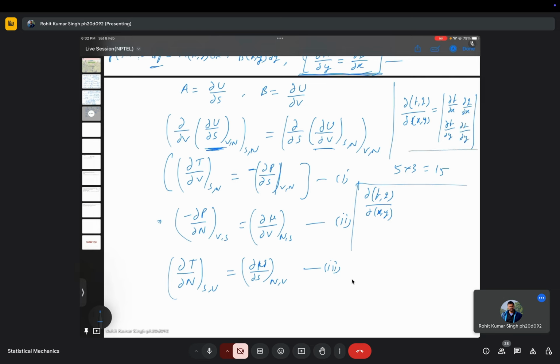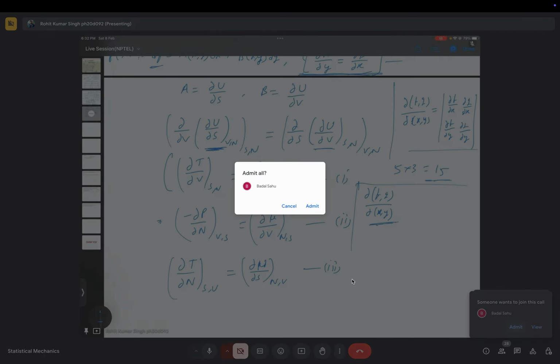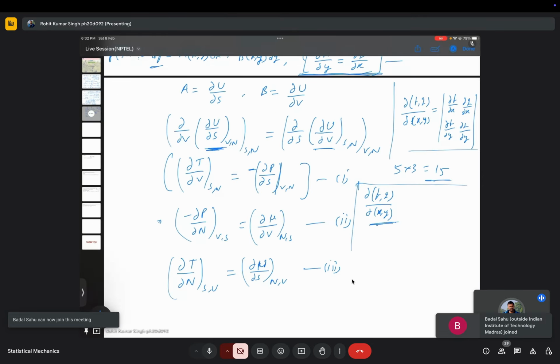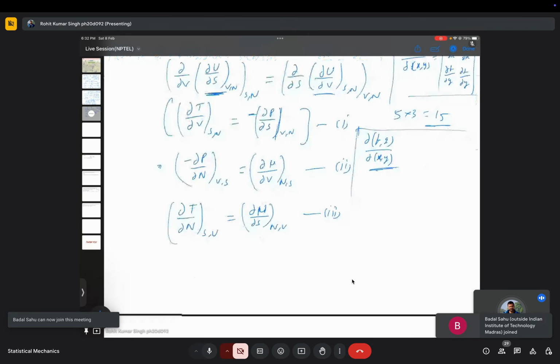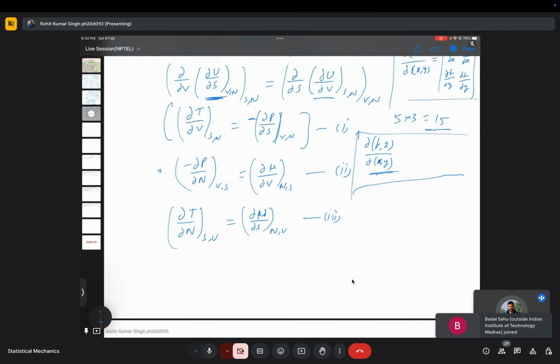And using this, one can show that all of the 15 relations are not independent. So I'm not going to do that. You can refer to the lectures. What I will do is write the other independent Maxwell relations for you, so that we can use them while solving the problems.